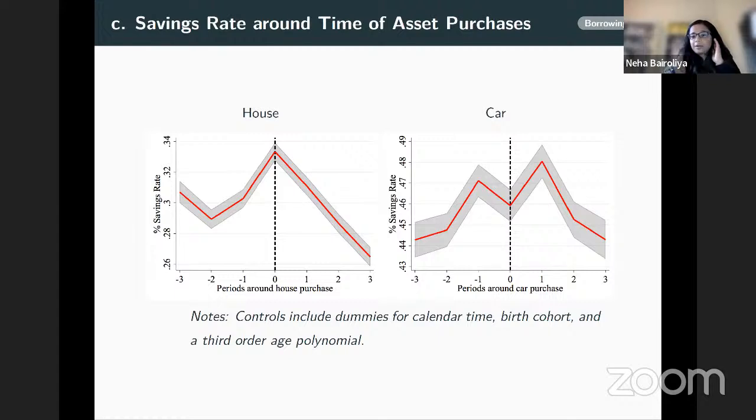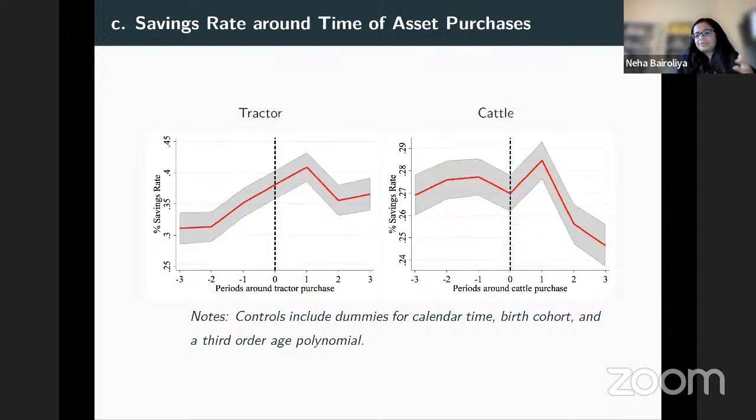What do we find? Well, we find that there is a significant variation in savings rate in the sense that for most categories, households build up their savings all the way to the purchase, and then there is a big decline in savings. And the favorite picture is for the house, because you see that you buy a house and then you start saving just a little bit.